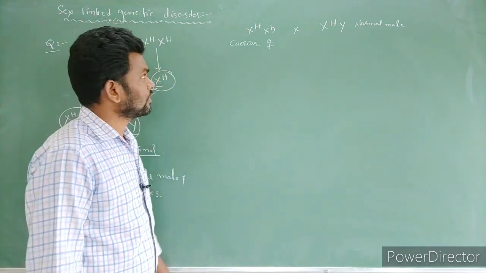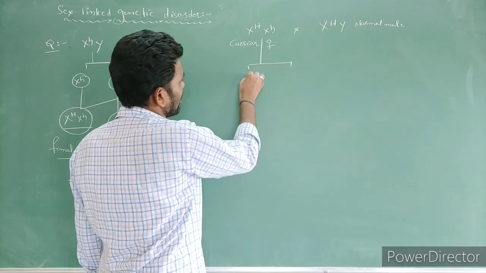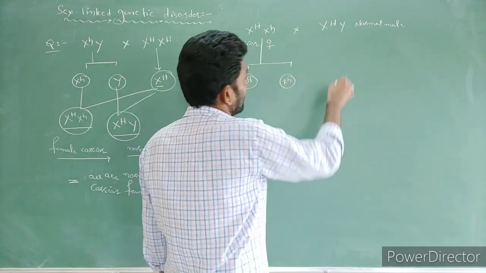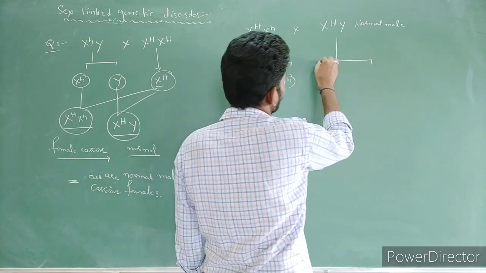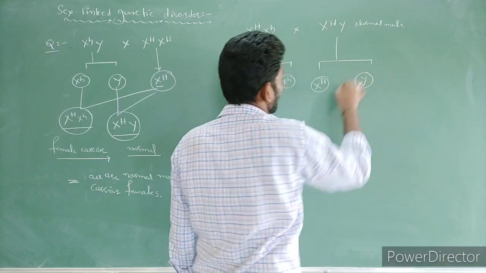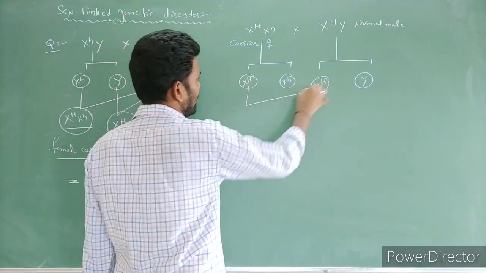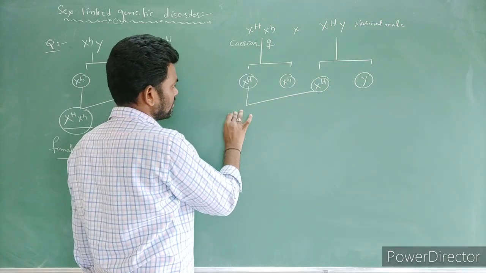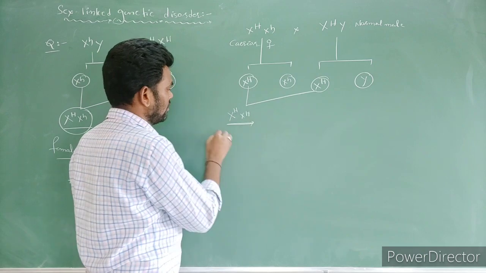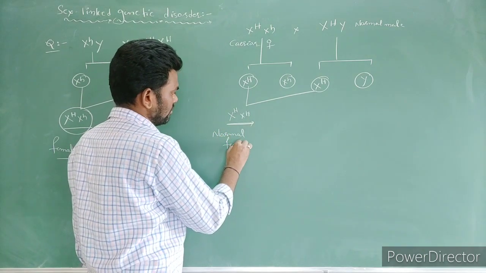Then what happened? The same meiotic division occurs. From the female, two gametes are formed, one capital H and one small h. In this case also two gametes. Just fuse the male gamete with the female gamete, X H and H. So this is a normal female.